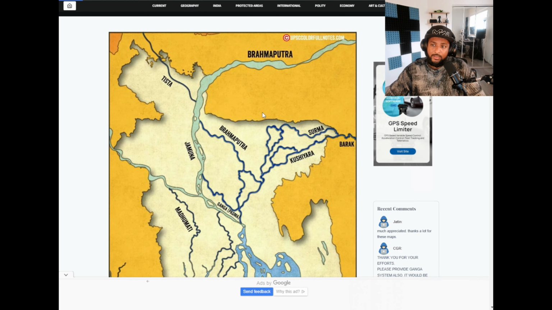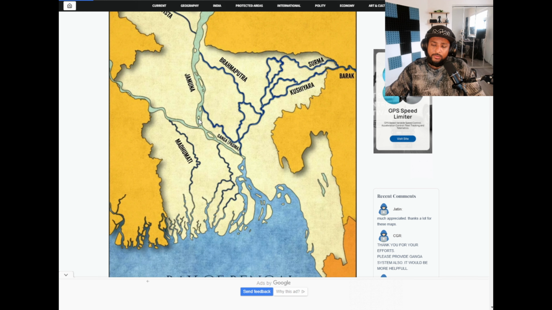If you also think about it, since we have a lot of rivers, there is no way for the water to get out of the country because our country is very low to the sea level. If we look at this map again, all the rivers coming from the upper side of Bangladesh, like from India, are somehow going to the ocean or connected to the ocean.